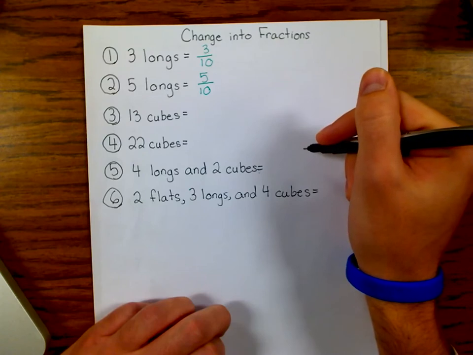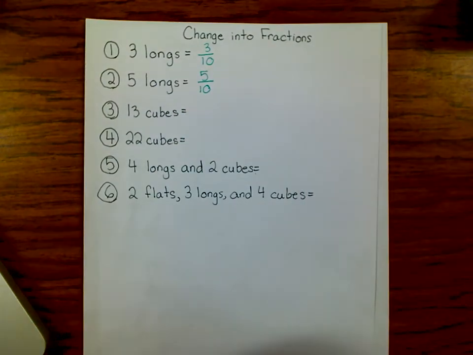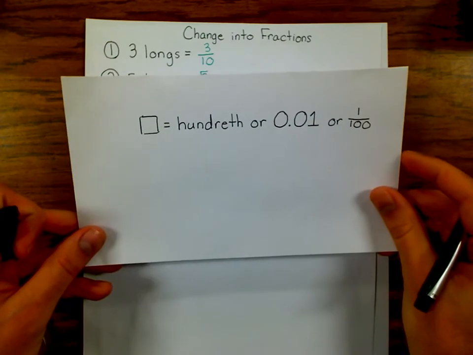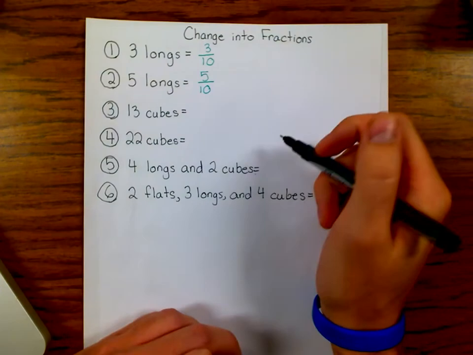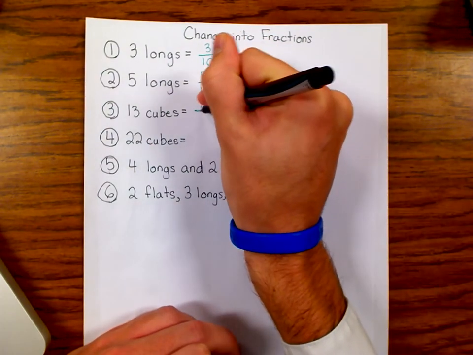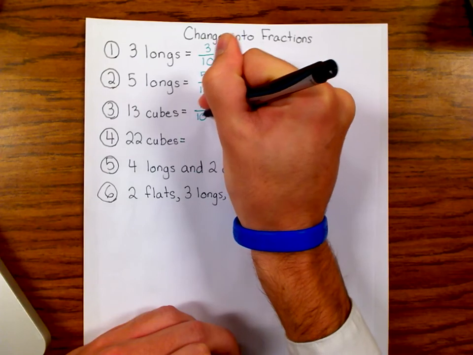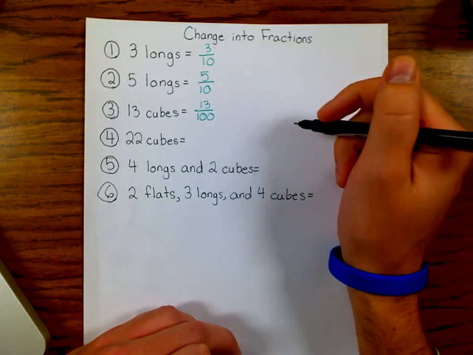Now, let's take a look at cubes. Again, before we said that a cube is equal to 1 over 100. So, if we have 13 cubes, that would be equal to 13 out of the total of 100 that we would need in order to create a whole flat, or 1 whole.